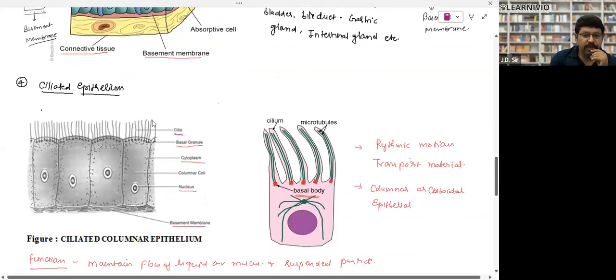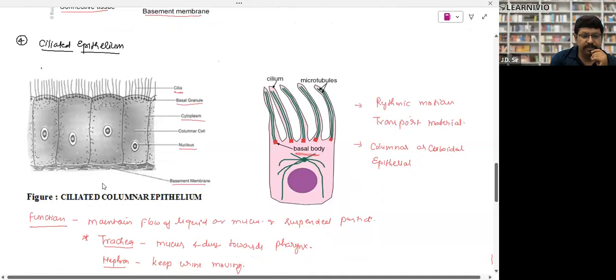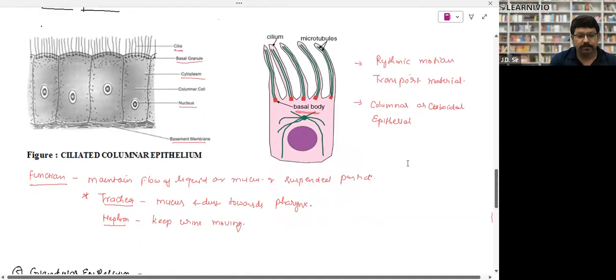Ciliated epithelium is a modification of columnar. They have a cilia-like structure. What is their function? They transport material. They may be columnar or cuboidal.